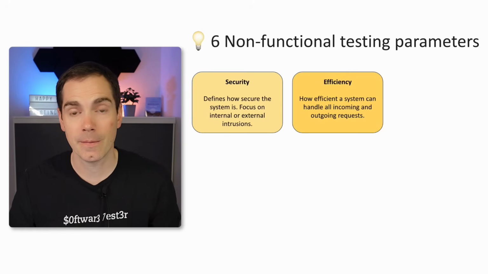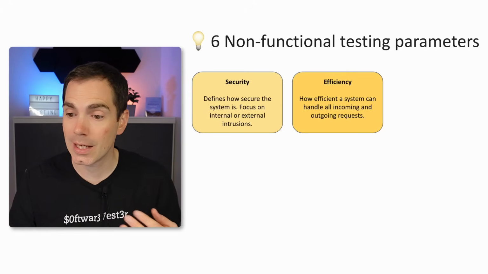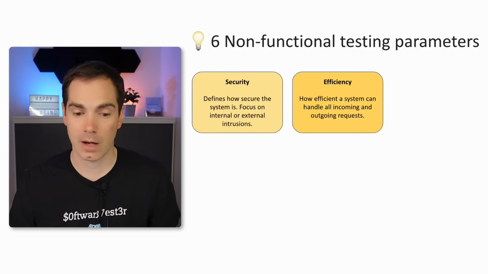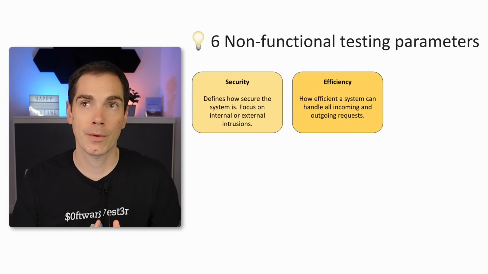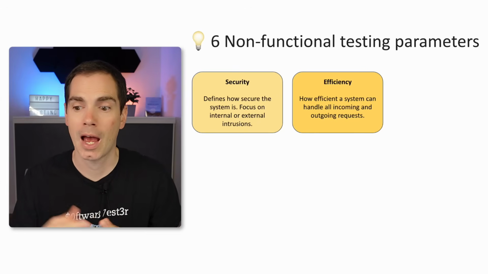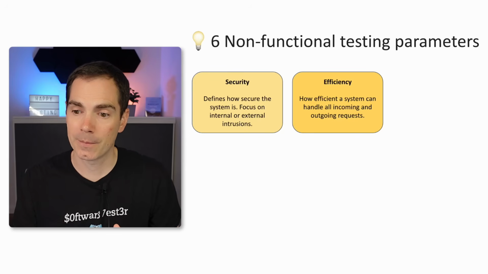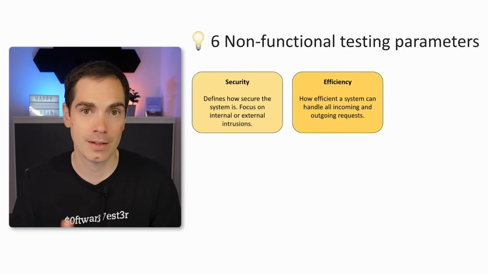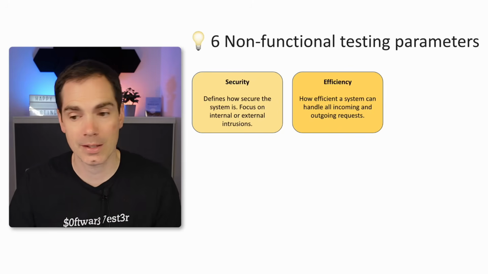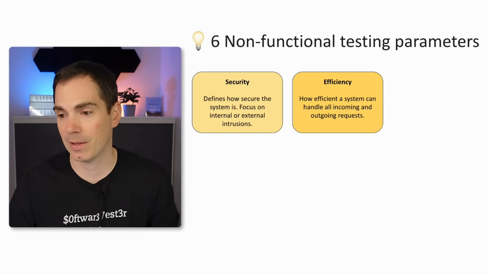Efficiency: how efficiently a system can handle all incoming and outgoing requests. This means in terms of speed, in terms of balancing the loads, but also how efficiently the system allocates storage, for example. Is it able to scale, let's say, in a cloud environment and stuff like that. So this was one parameter.